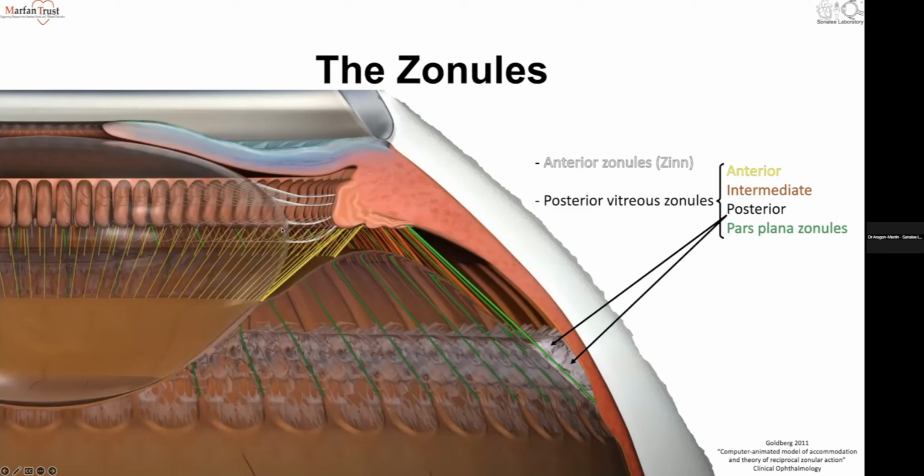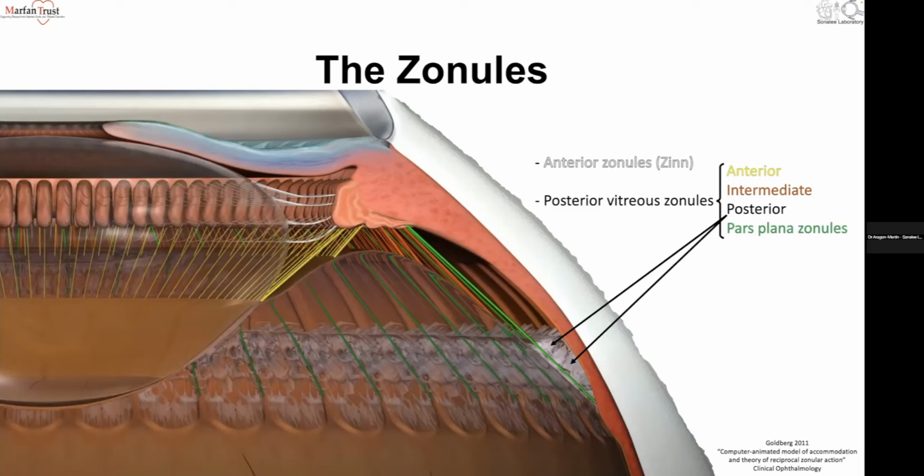Around the whole lens, we know that they appear to decrease with age. It has been suggested in studies that the zonules are either formed, maintained, or both by the ADAMTSL4 protein.